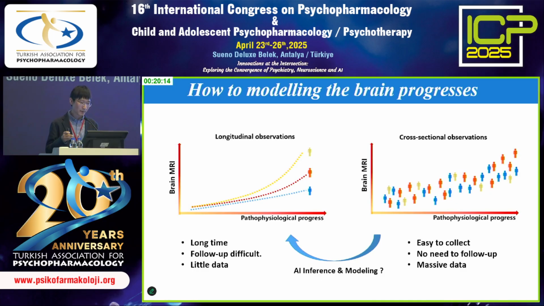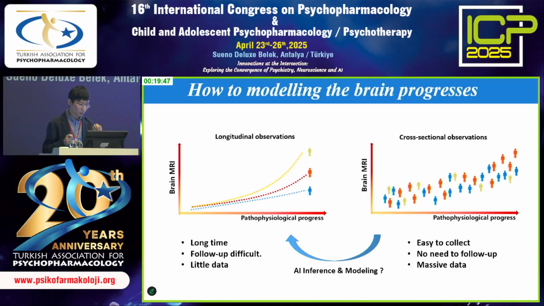So how do we model the brain changes? One regular idea is to collect large longitudinal data, but it's too difficult. We need a long time follow-up, and for schizophrenia it is too hard to find so much longitudinal data.